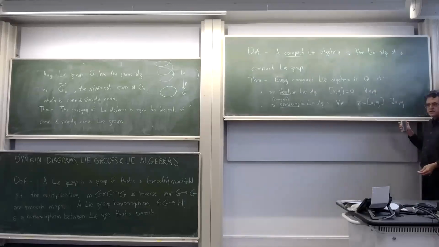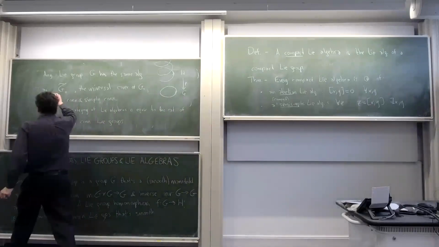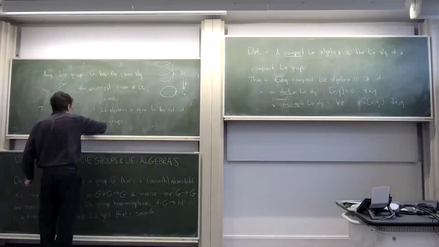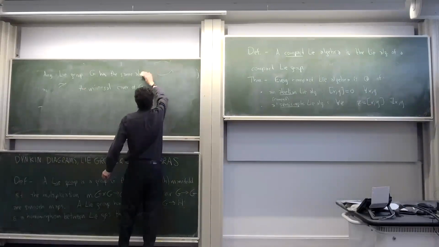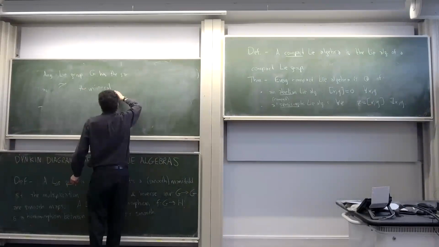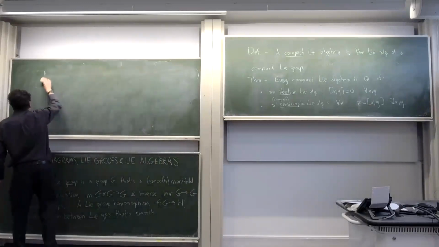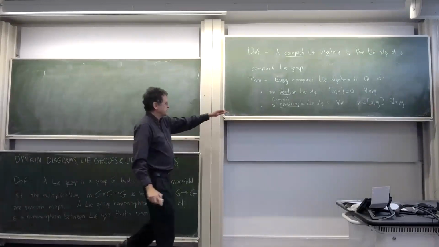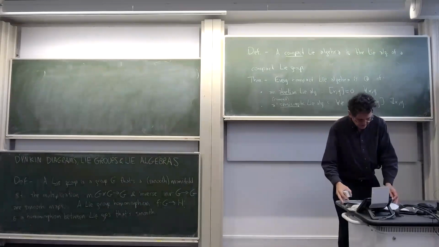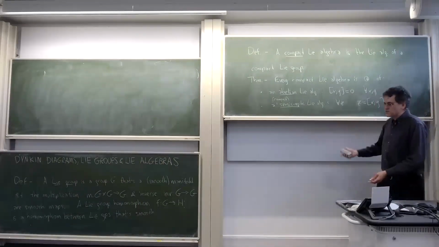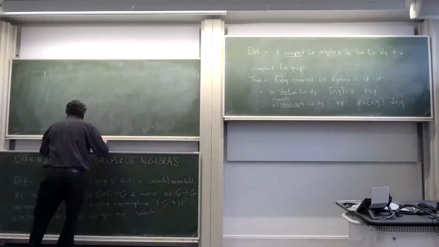So everything is a bracket of something, as opposed to only 0 being a bracket of something. If you know other definitions of semi-simple Lie algebra, then you can think about why this is equivalent to those, but this is just faster to say, and it sort of illustrates the radical opposition between the two kinds. So now abelian Lie algebras are incredibly easy to classify, so it's just the semi-simple ones to focus on.